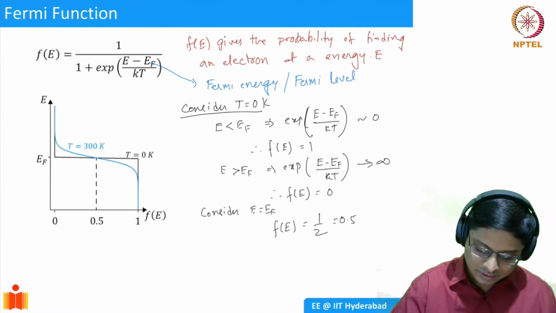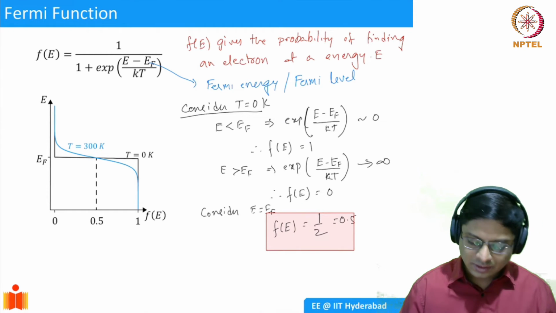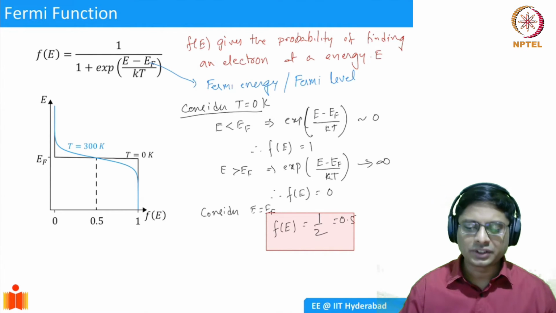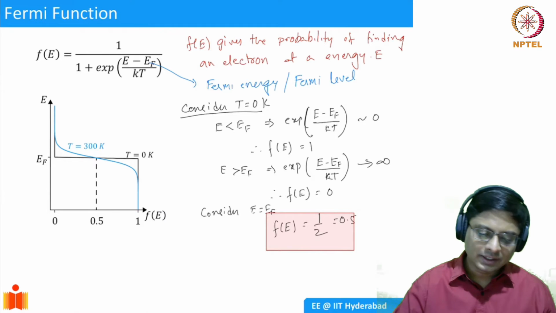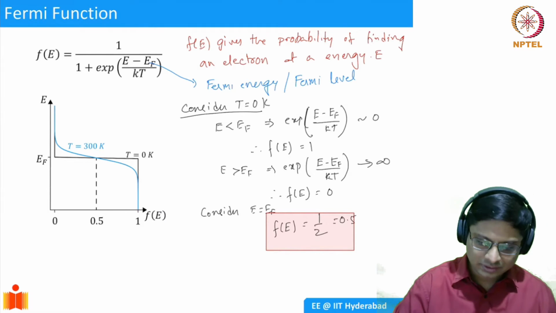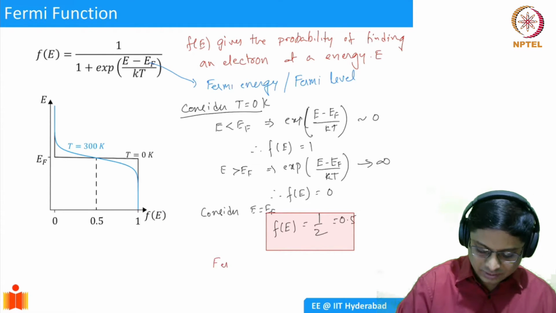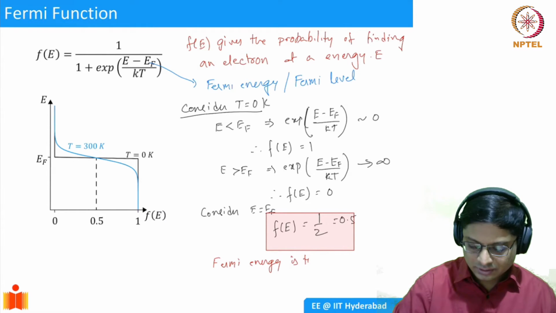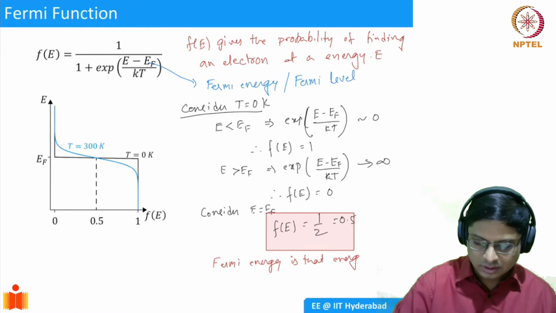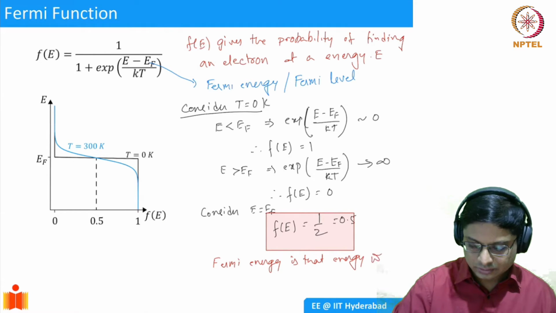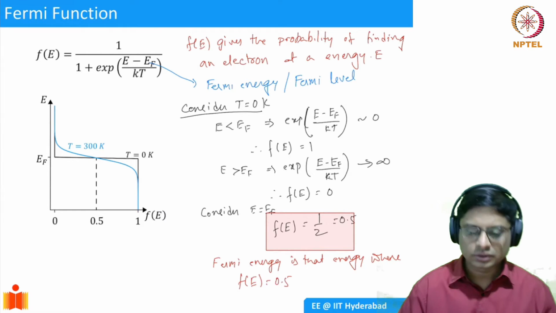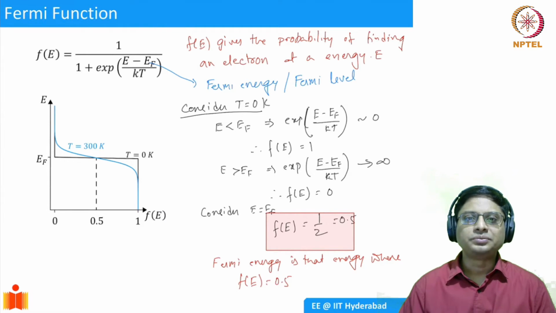Whenever your energy equals the Fermi energy, then the probability f of E is going to be half. So this also gives you one definition of Fermi energy: Fermi energy is that energy where f of E is going to be half. This is one definition of Fermi energy.